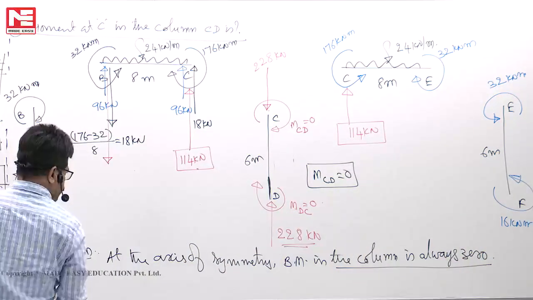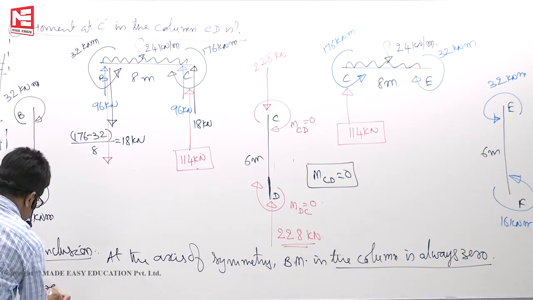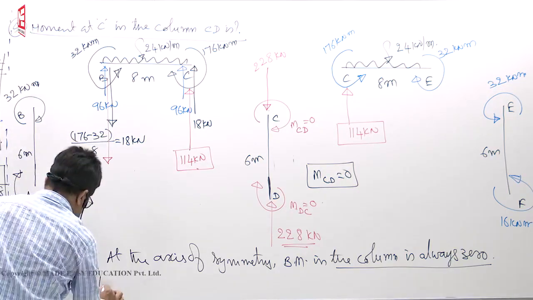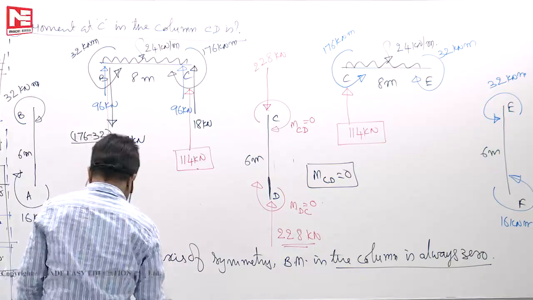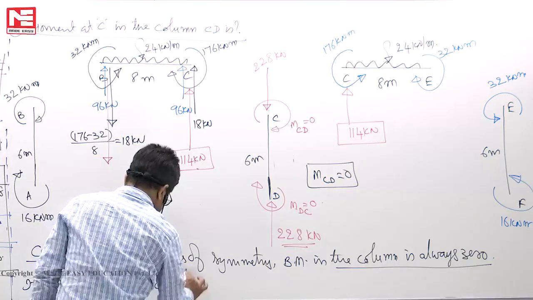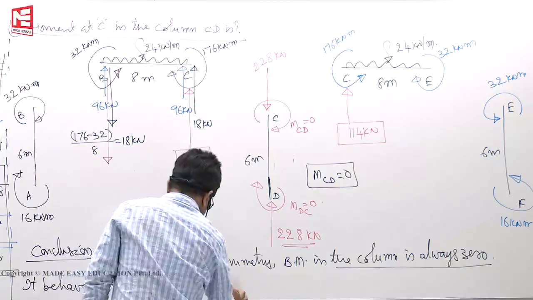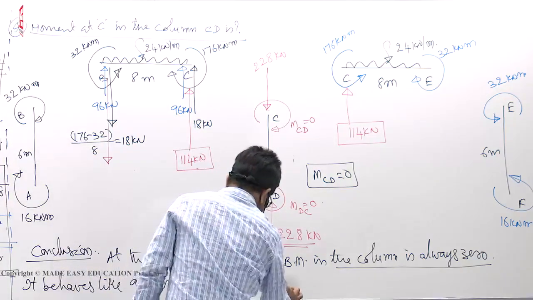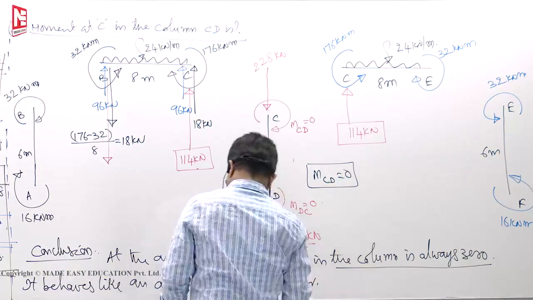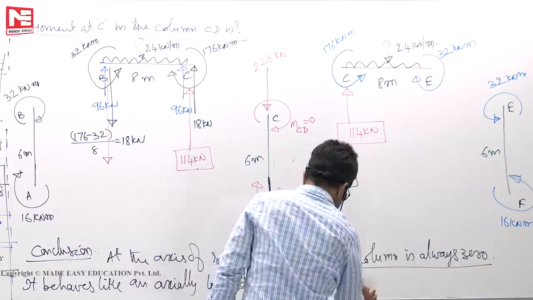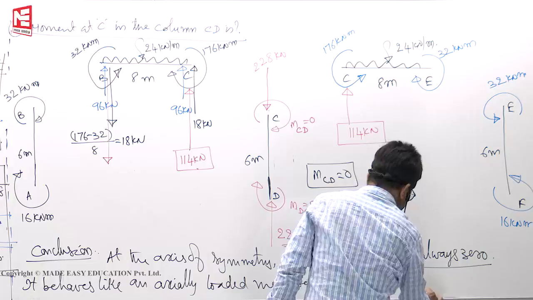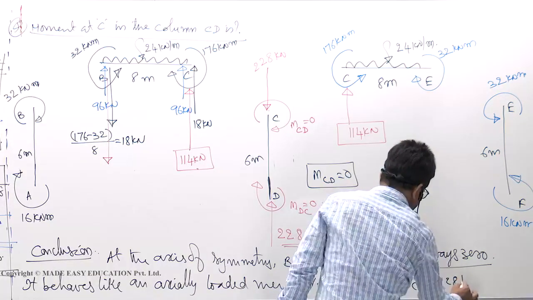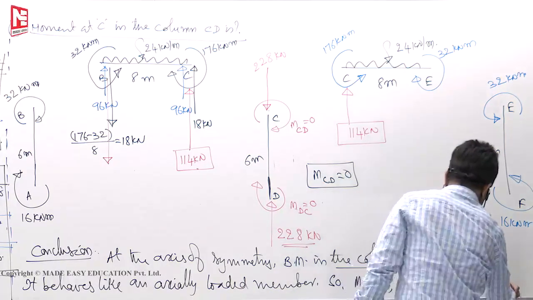It behaves like an axially loaded member. So MCD is equal to 0, FCD is equal to 228 kilonewton compression.